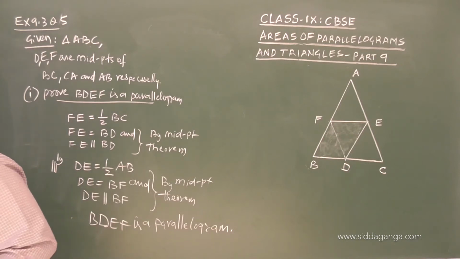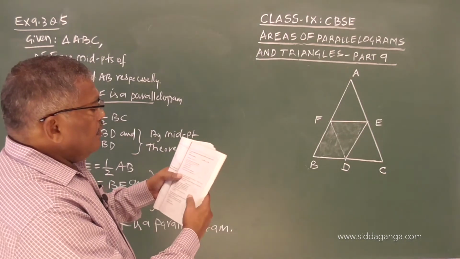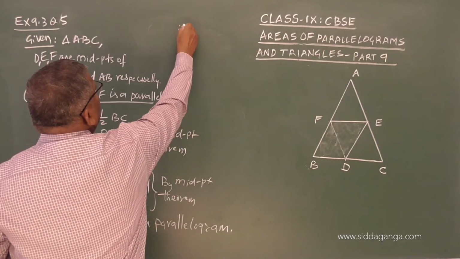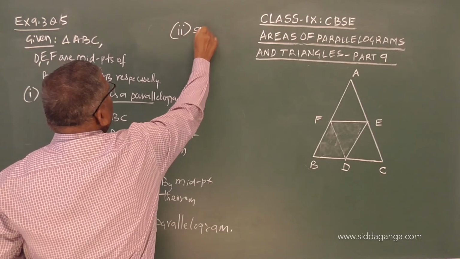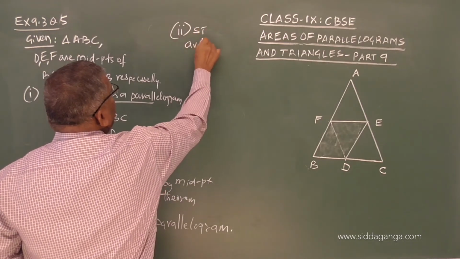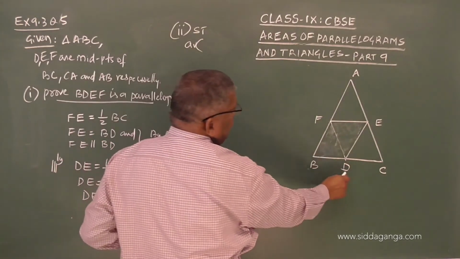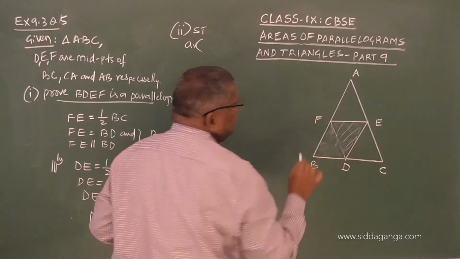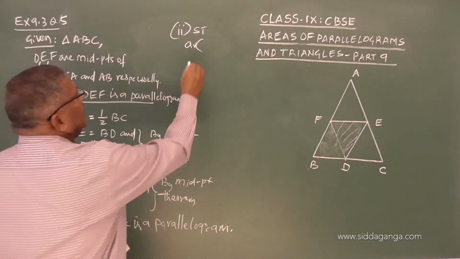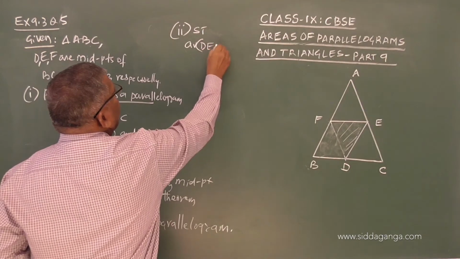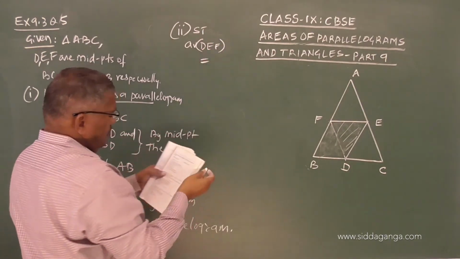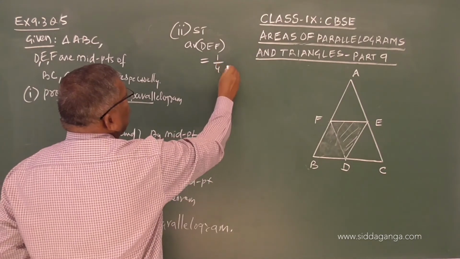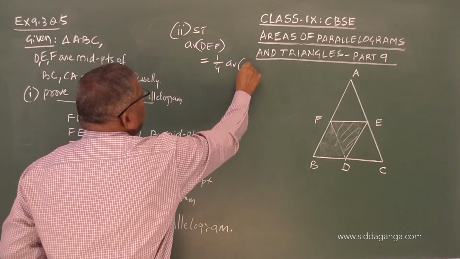Second sub question: show that area DEF, this middle triangle, this portion, equals 1/4 of the total triangle, 1/4 of area ABC.